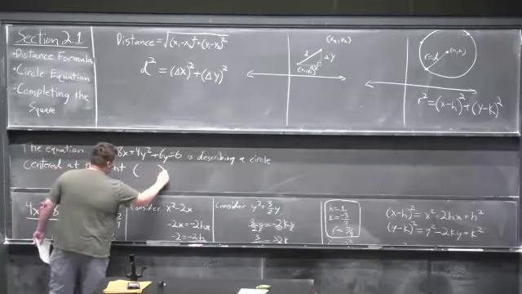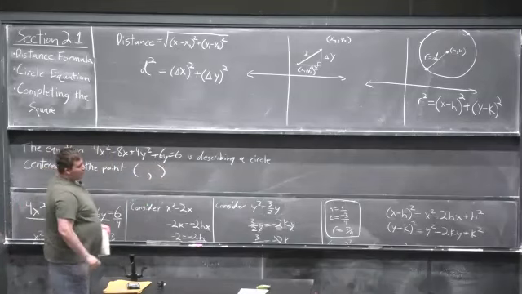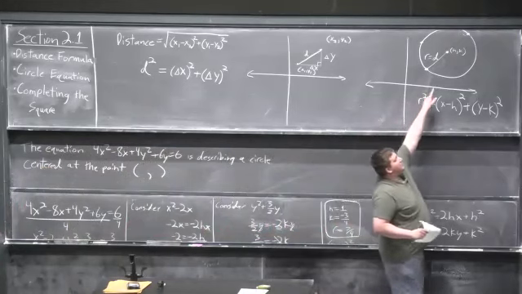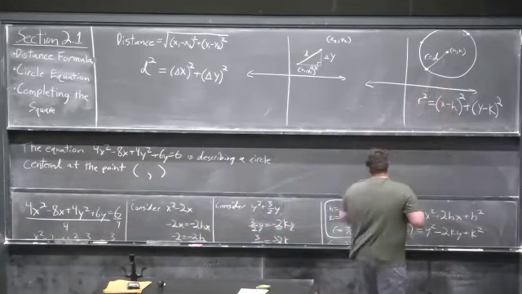I'm going to put it in point notation. What's my point? Well, it's (h, k). That describes the center of the circle.